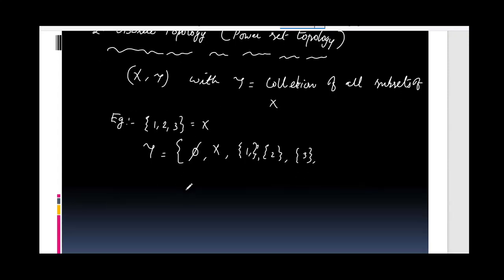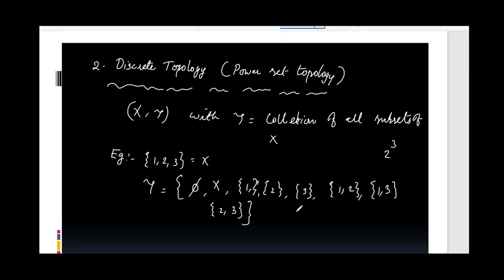Next we can go for 2 element sets, right? So {1, 2}, {1, 3}, {2, 3}. Any more? That is 1, 2, 3, 4, 5, 6, 7, 8. Only 8 subsets should be there. Since the elements are 3, you have got 2 raised to 3 subsets, right? So 2 cubed is 8. So this is the discrete topology.